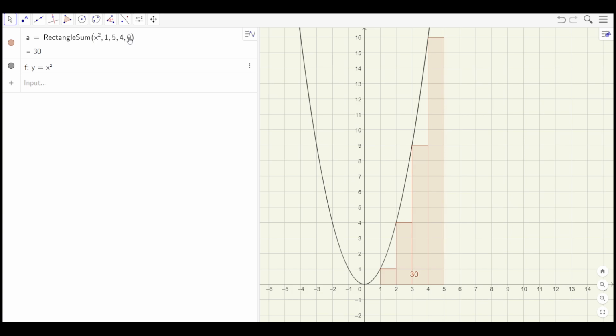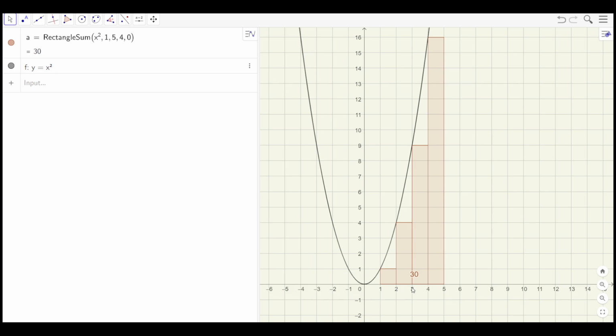And when I say 0, what does it mean? It means that when you want to construct your rectangle, construct it on the initial point of your interval, which is 1 in this case. For example, when I go to the next interval, between 2 and 3, you see that the rectangle is constructed on the initial value.